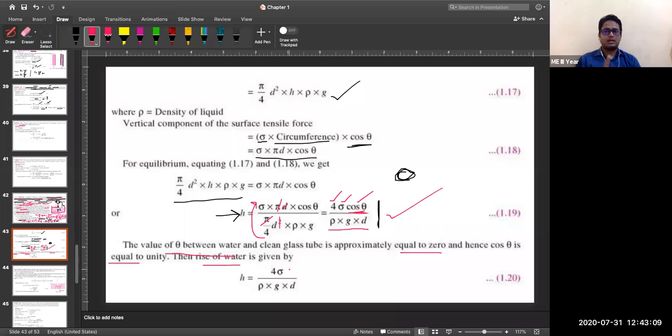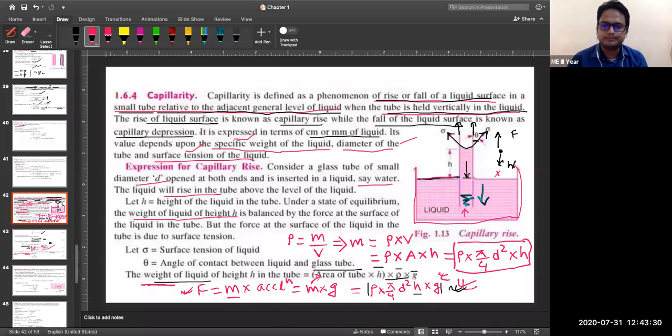So this is for water. Remember the value of theta for water and mercury. These are the only 2 liquids you need to remember. For water it will be 0 degree, and for mercury it will be 138, something like that. We will see in the numerical. So up to here, you note down. I'll give you some time. Note down.